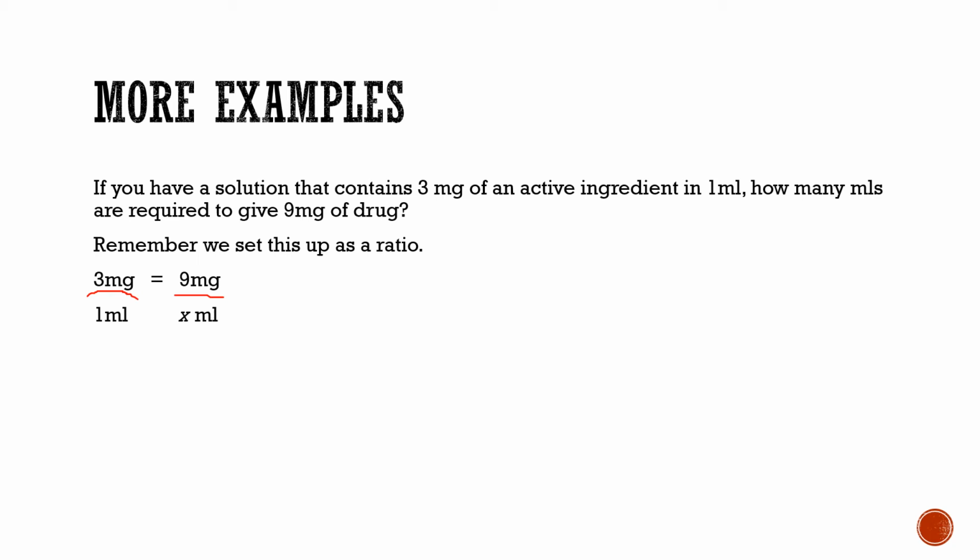What it's saying here is that we have 3 milligrams in 1 mil. So 3 milligrams in 1 mil is equal to, and this is just a ratio or proportion, we're finding the equal amount. So 3 milligrams to 1 mil is the same as 9 milligrams to how many mils? There are a couple of different ways of looking at this. You can ask, what do I do to the 3 to get to 9?